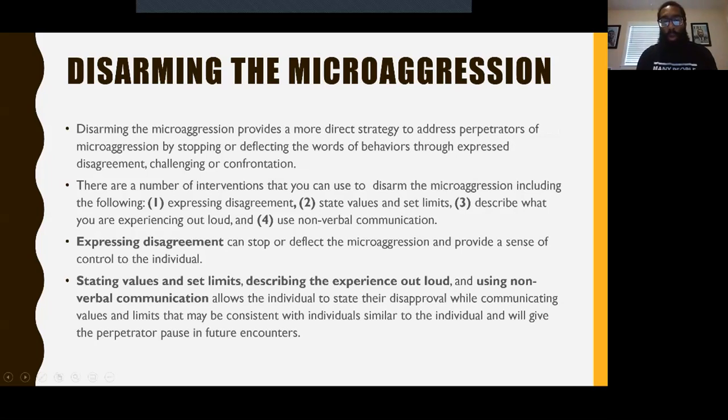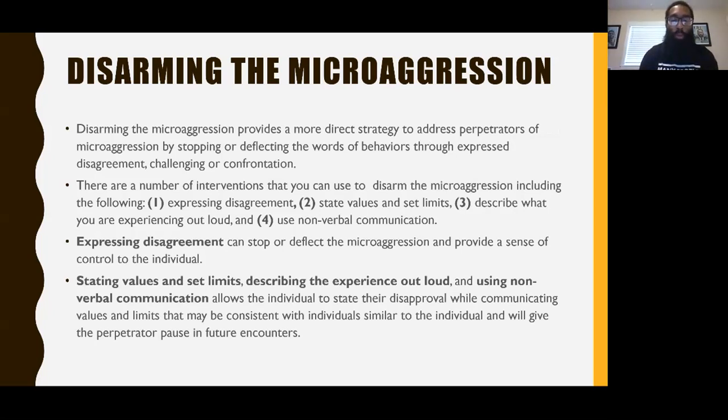So when it comes to disarming the microaggression, this is kind of more of a direct strategy that helps us to address potential perpetrators of microaggressions by stopping or deflecting those words or behaviors by disagreeing, challenging, or confrontation. So there are a couple of things that we can do here. We can express our disagreement. We can state our values and set our limits.